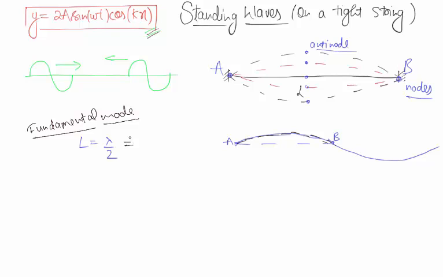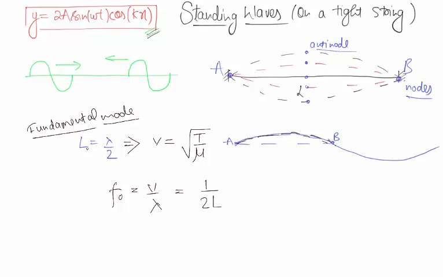Now if we know the length of the string and we also know the velocity, which is equal to the square root of T by mu, then I can calculate the fundamental frequency f naught equals v by lambda, and it will be equal to 1 by 2L, that is my lambda.